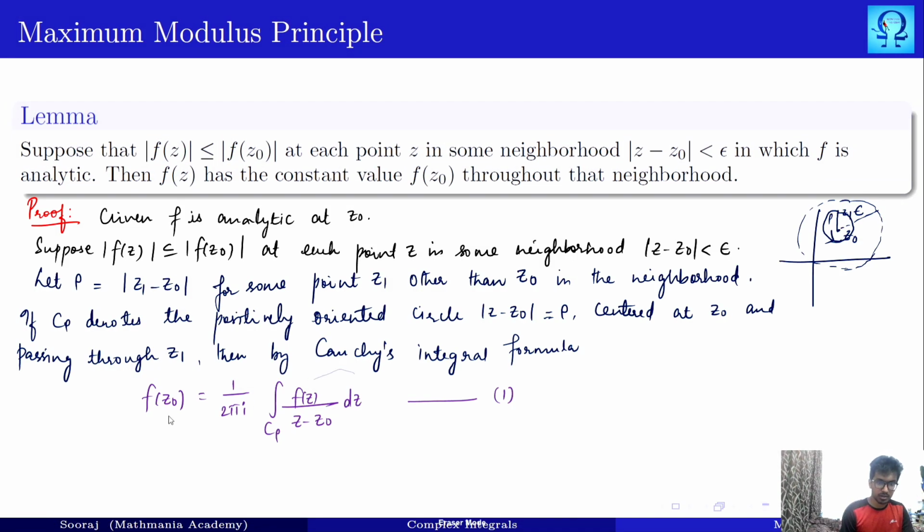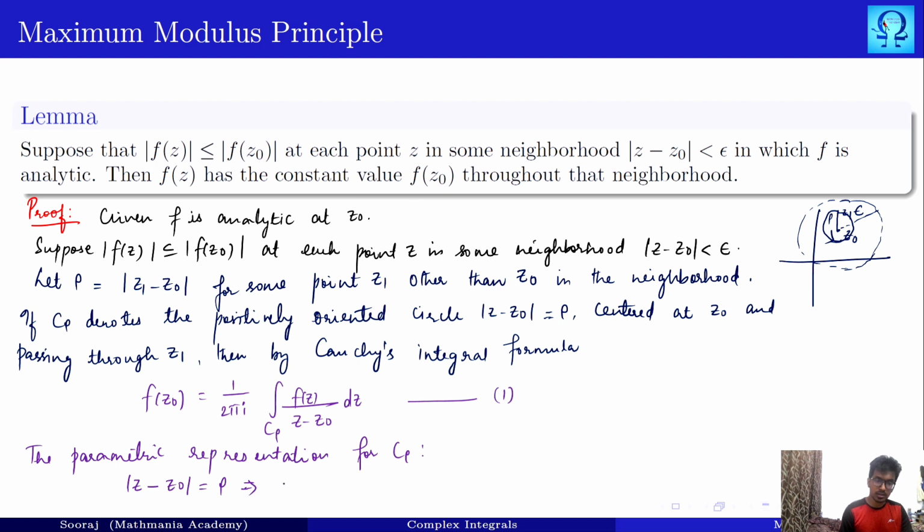So that parametric representation for z. Okay, so the absolute value of z minus z naught is given to be rho, right?